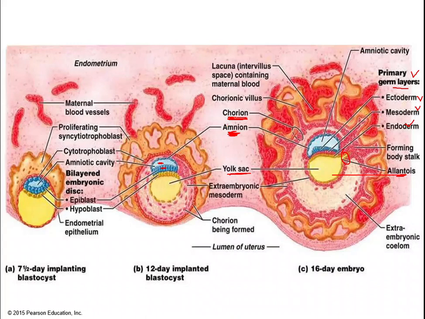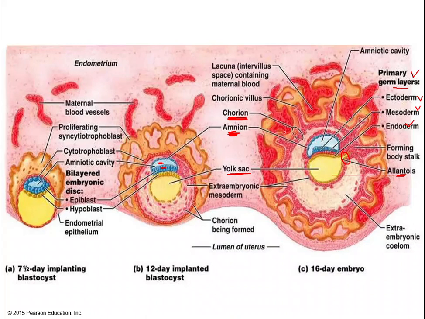I said this before. Well, here it is now. The chorion is actually made by the cytotrophoblast layer of cells that came from the trophoblast cells. Remember that? So they're the ones that form the chorion.